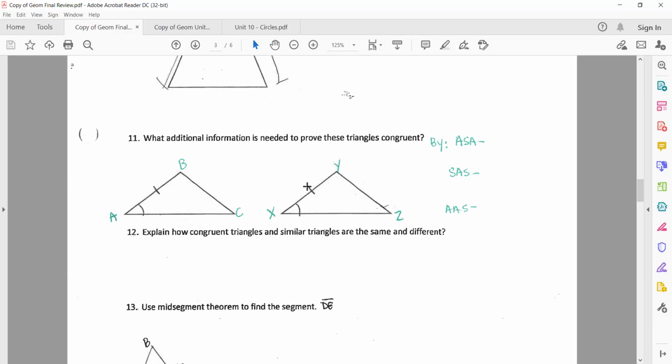For side, angle, side, I need to know what AC is and that XZ is congruent, because then I have side, angle, side. Remember the congruency stuff, you just go around the triangle. Whatever the lettering order is, that's what you have to find in order to know that two things are congruent. Angle, angle, side, I need to know that angle C and angle Z are congruent. So it's different for each one of those proofs.